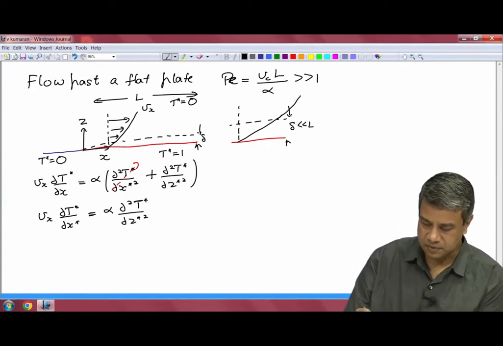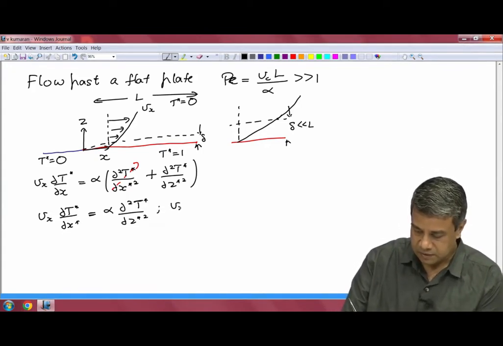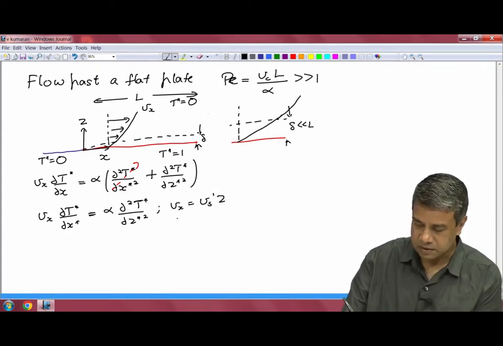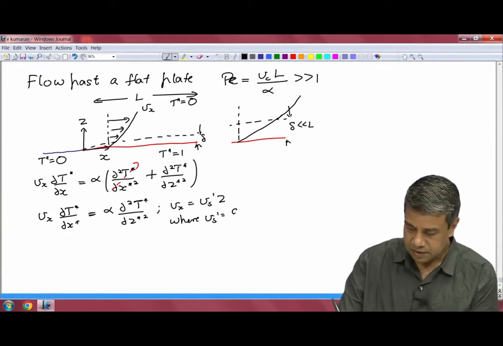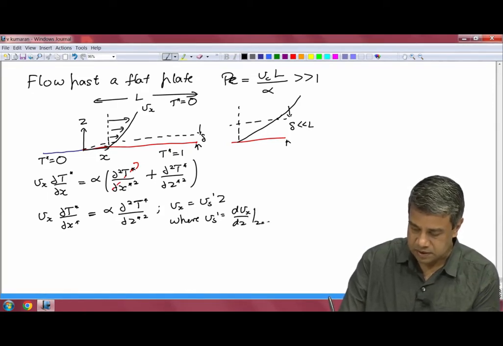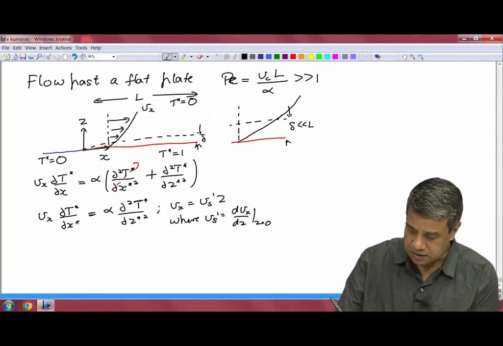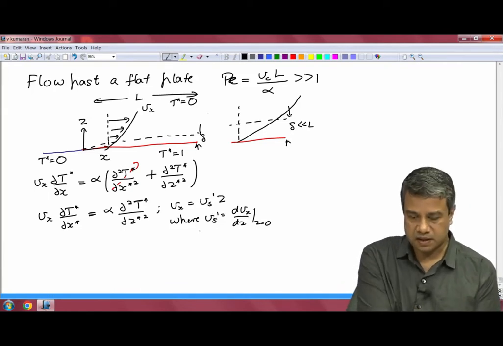So, we had used the approximation for the velocity: V x is equal to V s prime times z, where V s prime is equal to dV x by dz at z equal to 0, the strain rate at the surface.